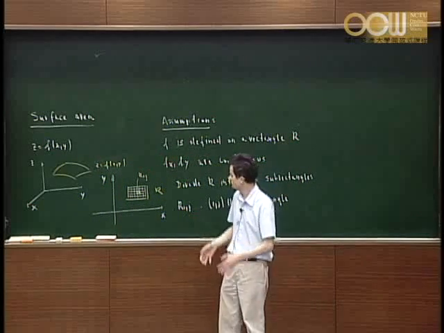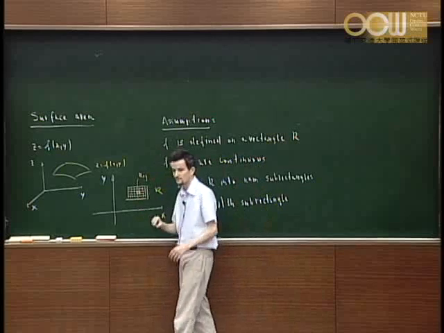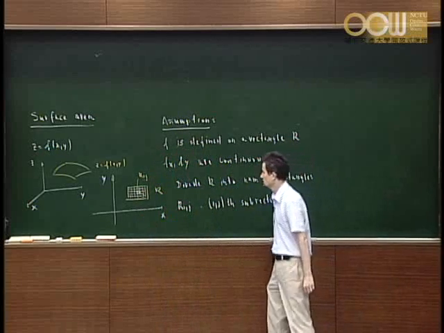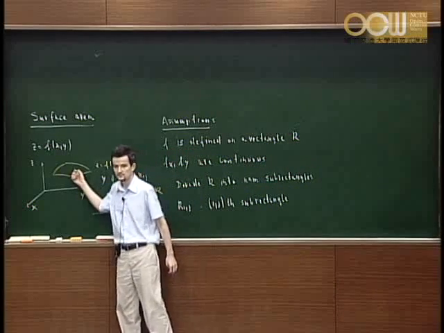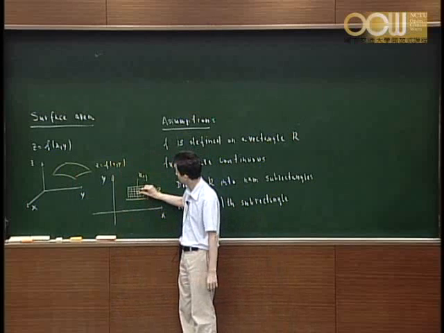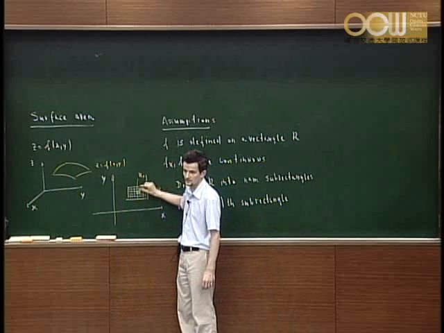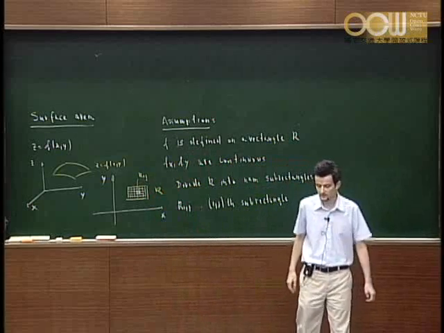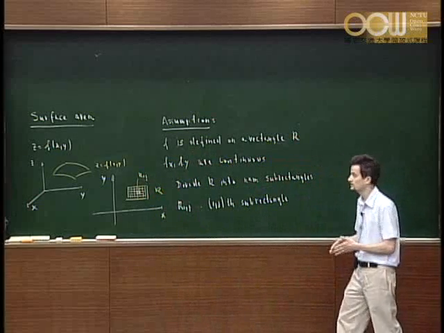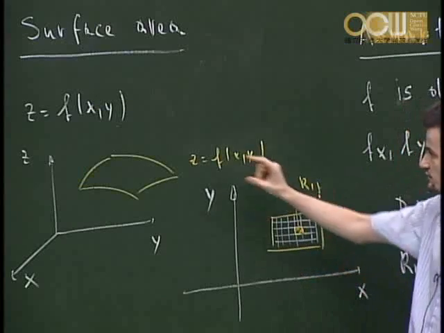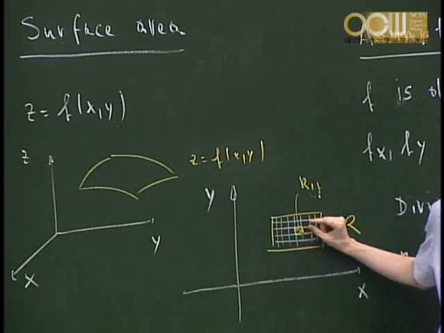Okay, because we know that if we choose this rectangle very small, the tangent plane will be a good approximation of the surface. So we will replace the part of the surface which lies above this subrectangle by the tangent plane, and then we compute the surface area of the tangent plane instead of computing the surface area of the part of the surface which lies above this subrectangle.